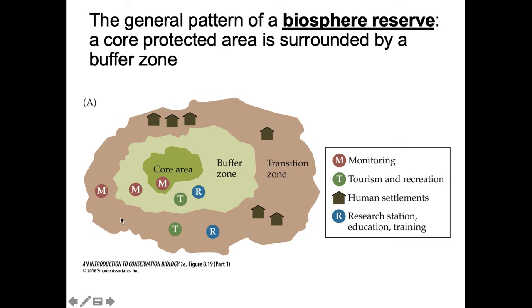And so this allows us to minimize edge effects and to also have strict preservation of certain populations in the core area, which has no edge effects and very little impact from people. So you can see the core area, there's not even tourism or recreation, but there is monitoring going on in all of these different areas to make sure.